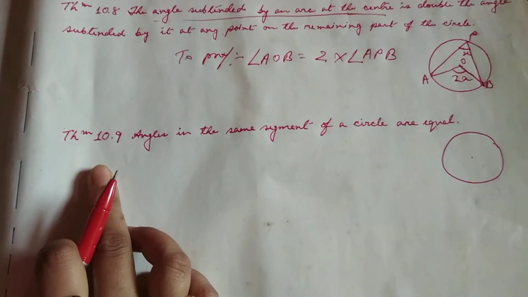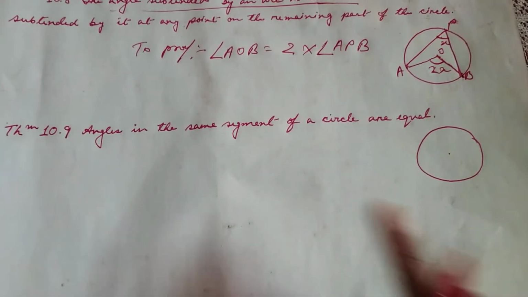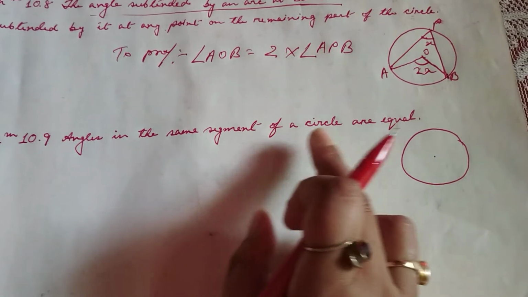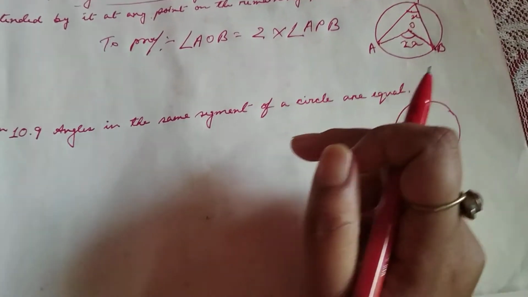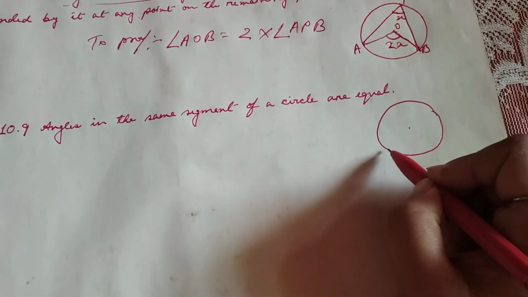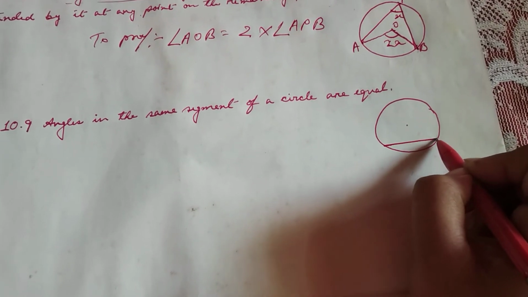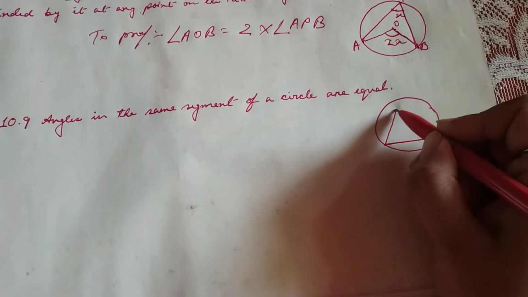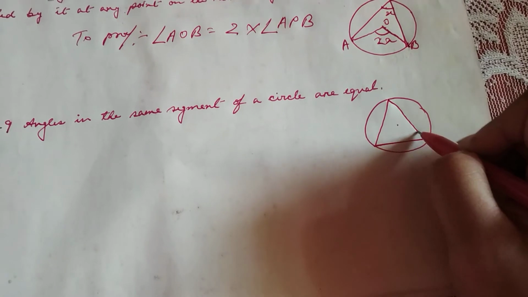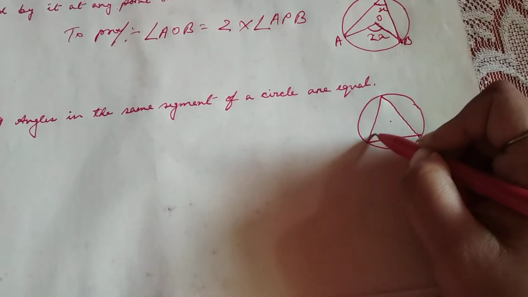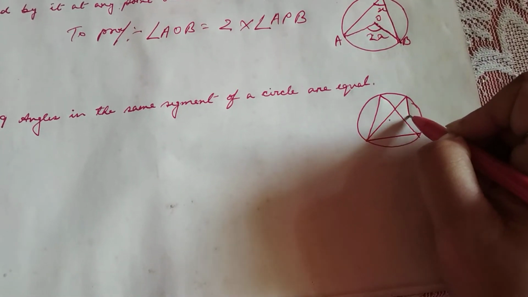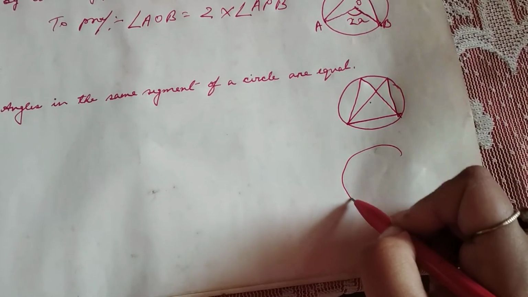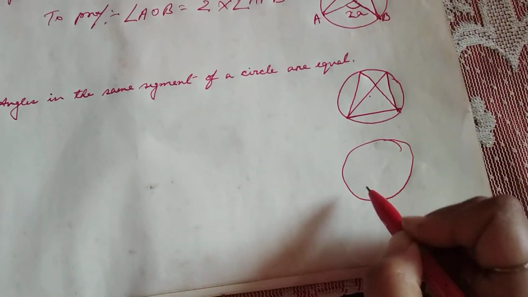Moving on to theorem 10.9, and the last theorem of today: angles in the same segment of a circle are equal. So it says very easily that suppose this is the segment and these are the two angles, and it can be anywhere. But it should be touching the circumference. Unlike if it doesn't touch the circumference, then it will not follow this formula.